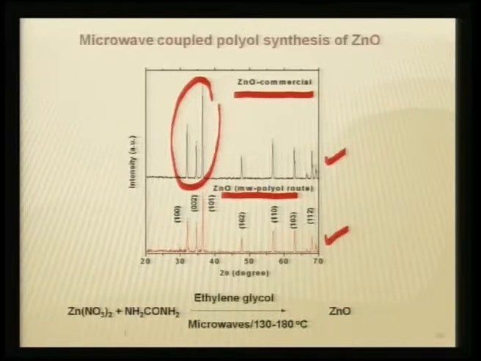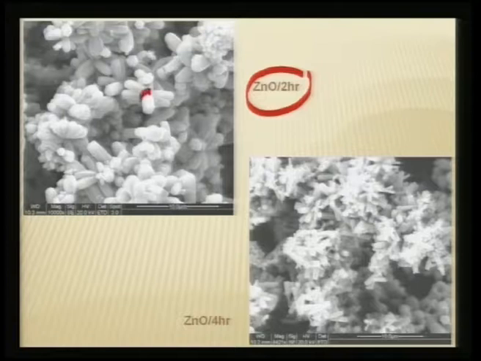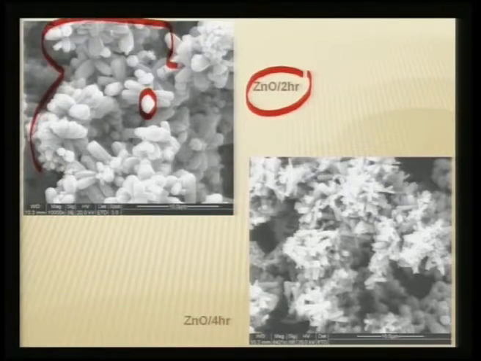But if you carefully look at this reaction and the products that you are getting, it is more heartening to see that the zinc oxide that you get by refluxing in a microwave chamber for 2 hours gives this sort of nanopods of zinc oxide material, and you can see that it is produced throughout the SEM picture.